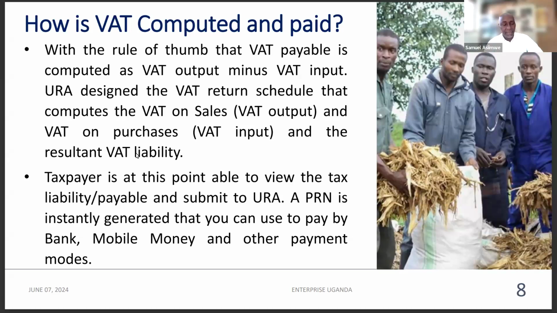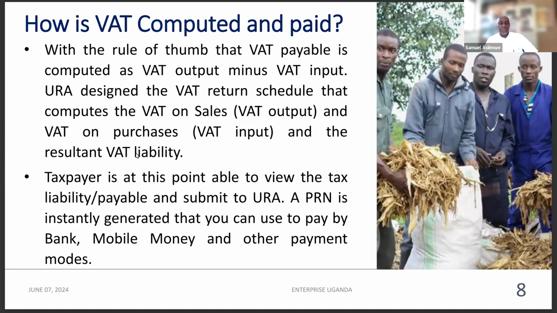URA did well and designed the VAT return schedule on the URA portal, where you can summarize your VAT on sales and your VAT on purchases, and it shows you instantly the resultant VAT liability that a taxpayer or a business person is supposed to pay.